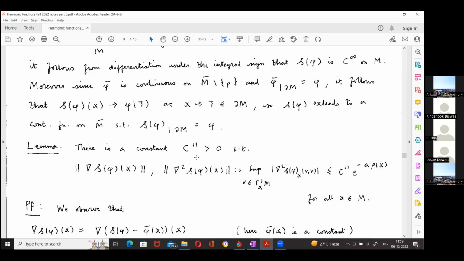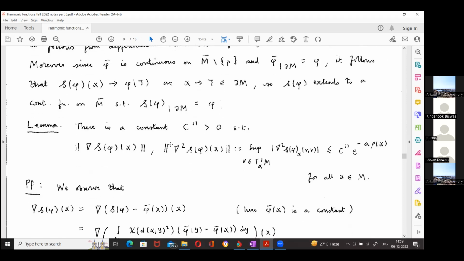Now comes the main lemma which we need: there is a positive constant C double prime such that the norm of the gradient of S phi of x and the norm of the Hessian of S phi of x, both of these are less than or equal to this constant C double prime times e to the minus a rho x, where rho x is the distance from the origin.